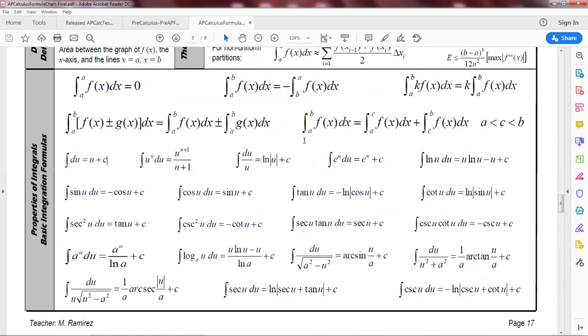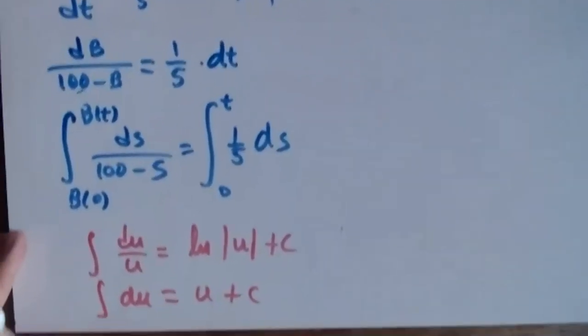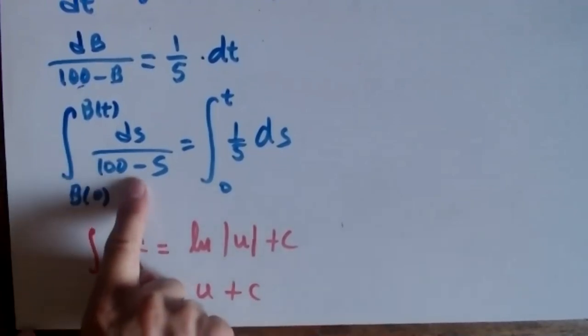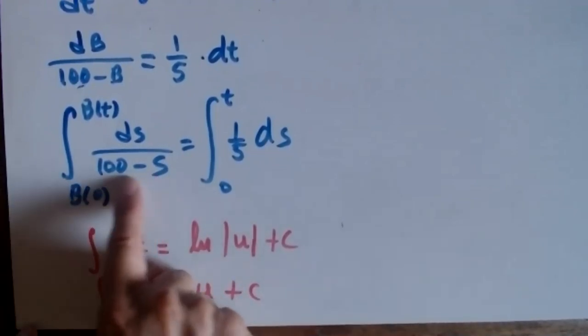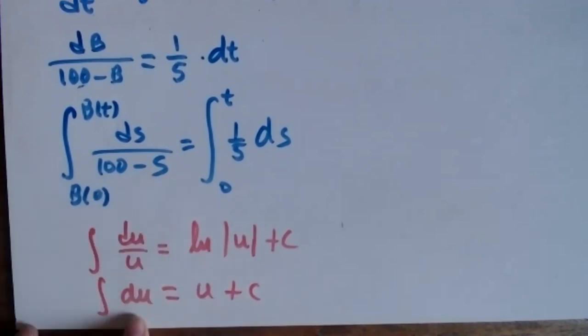This one, right? So you have the integral du over u equals ln absolute value of u plus c, correct? And the other one is simply the integral du equals u plus c. These are the two integrals to solve this problem. So this is like 1 over u, just shifted a little bit, correct? And this is the du. So this is this one.